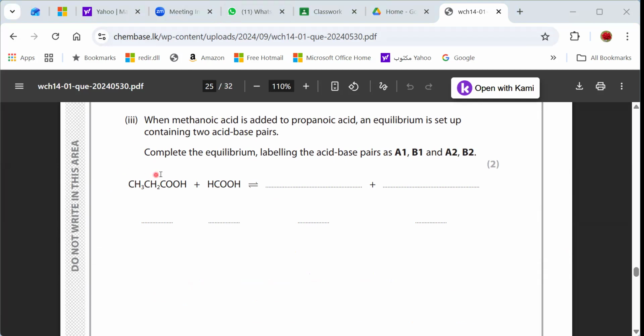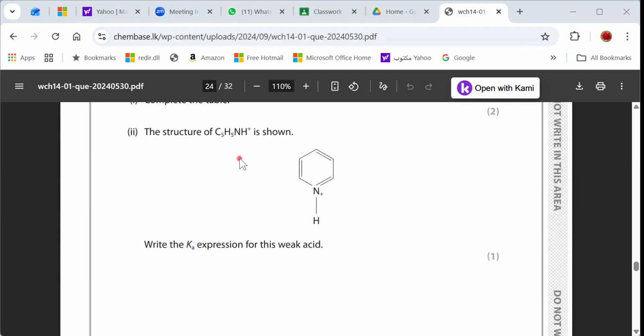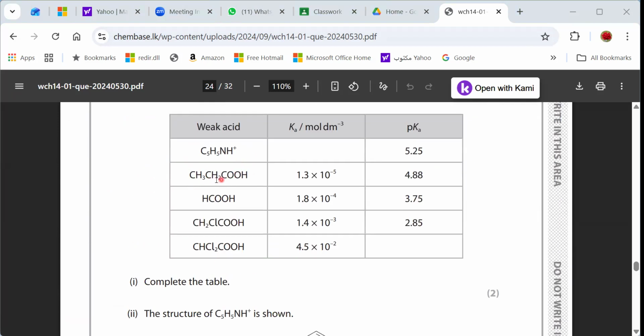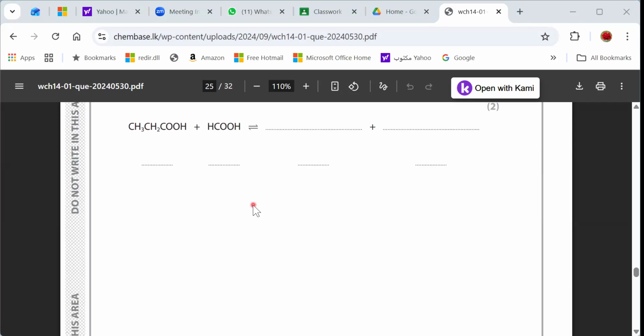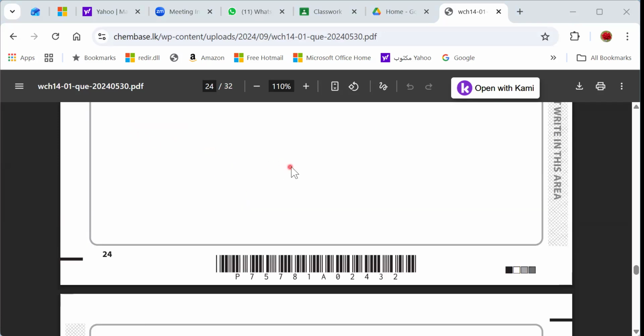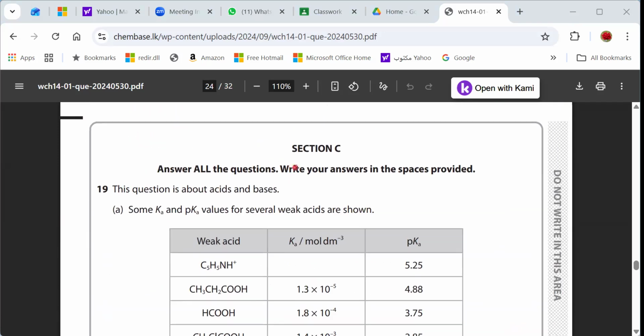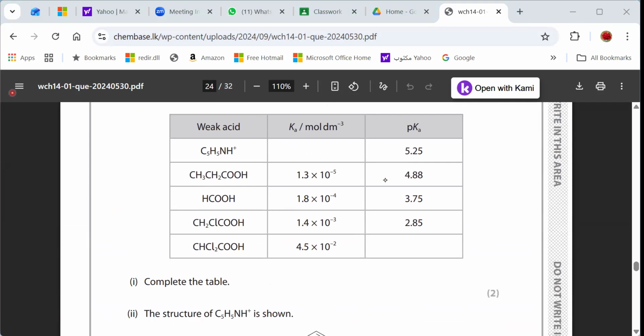So they said here, this is number 19. They said complete the equilibrium labeling the acid base as A1, B1, and A2, B2. So of course here we see that from the Ka values, they gave you the Ka values upward, I think. So this is propanoic acid and methanoic acid.